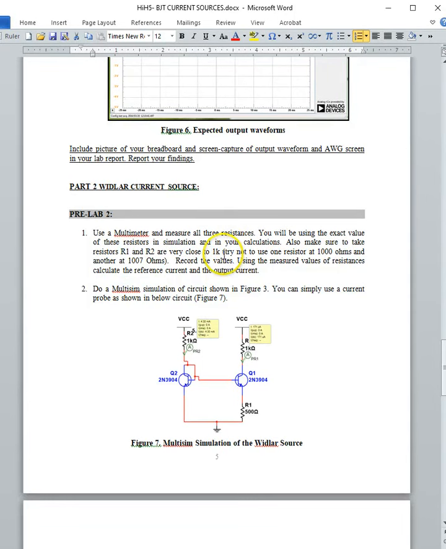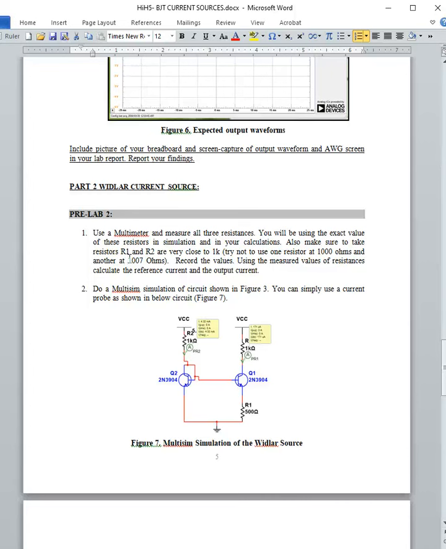So pick two resistors, 1002 and 1004, something very close. Try not to use one resistor at 997 ohms and another at 1007, because of the tolerances you might have this. We want to have good reading and good matching.